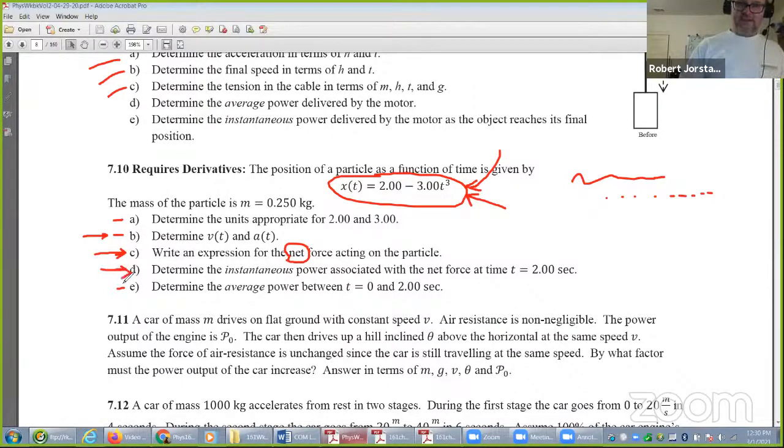And then we could do this type of trick. If you want instantaneous power, you'll have an equation for force as a function of time and velocity as a function of time, and you can literally just multiply them together, and you've got instantaneous power. And if you want the average power, how would you get average power? Remind me.